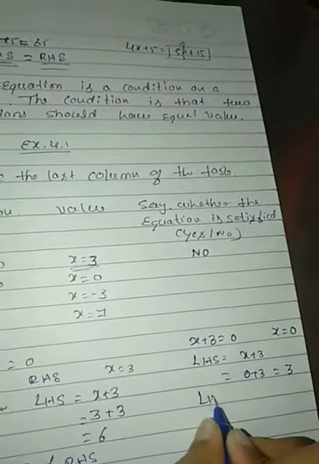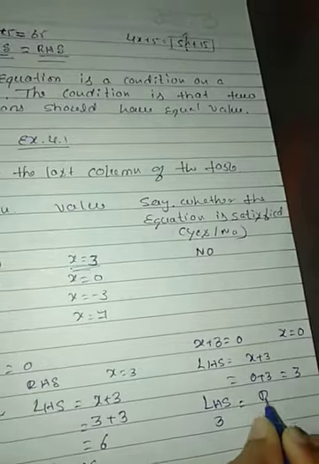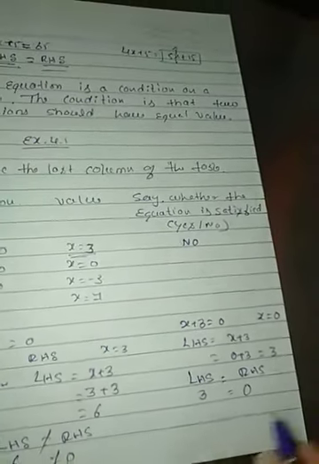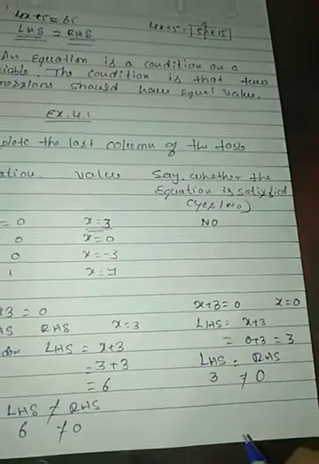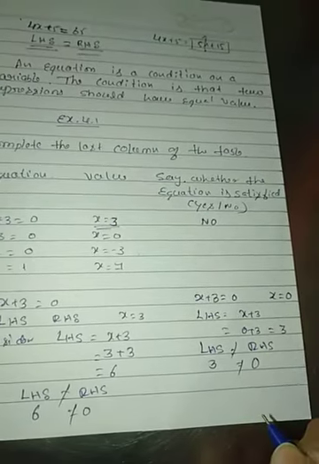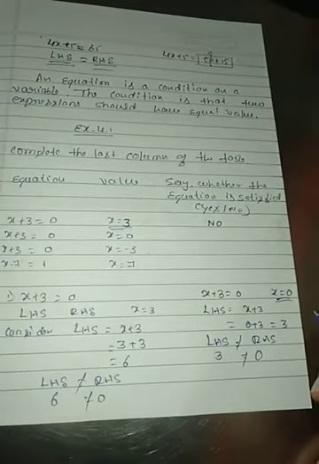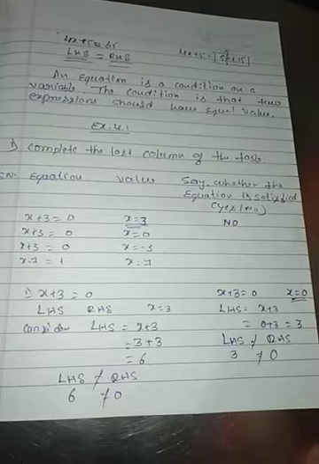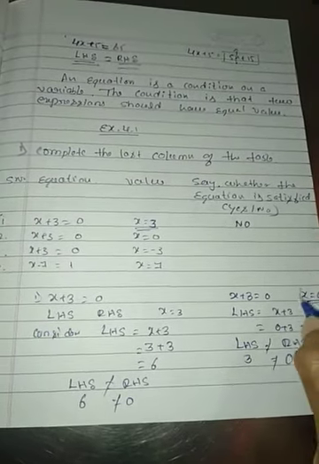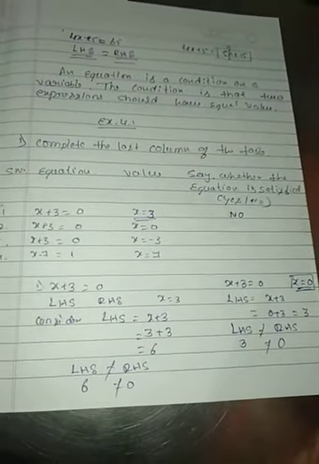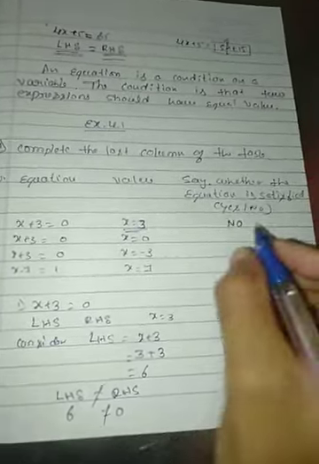So LHS is 3 but RHS is 0. Here 3 is not equal to 0. So x is not a solution of the given equation, and this is also no.